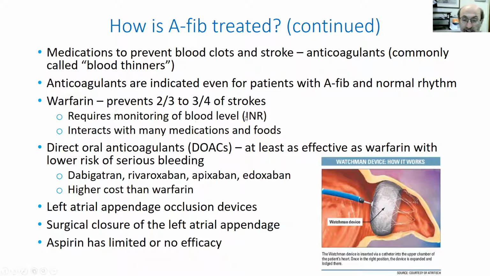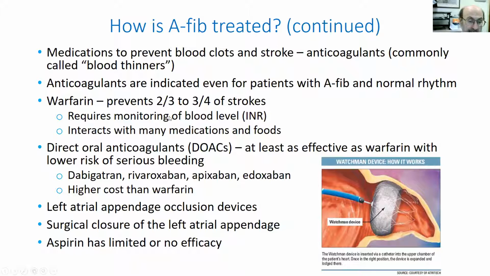We shoot for an INR in the range of 2 to 3, which indicates an effective therapeutic dose of warfarin or Coumadin. Another disadvantage of this medication is that it interacts with many medications and even foods. So people on warfarin often have to modify their diet, avoiding green leafy vegetables, in particular cauliflower family vegetables and that sort of thing, which is kind of a nuisance.